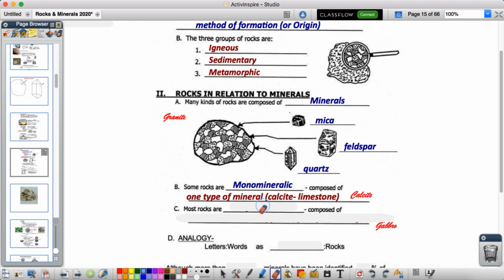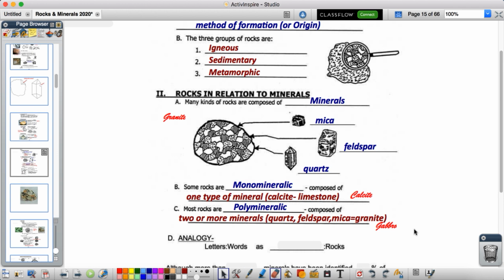However, most of the rocks are what we call polymineralic, which means they are composed of two or more minerals. Like, for example, how quartz and feldspar and mica all together make granite. Now, polymineralic, poly means multiple, means many, and so this is a rock made of many different minerals in it.